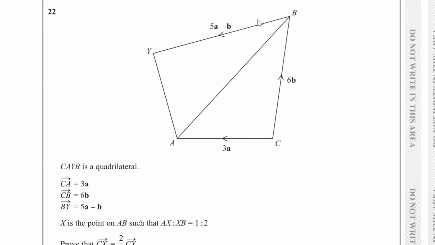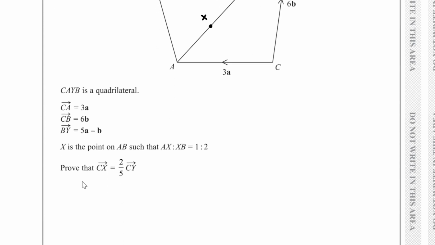So what this means is somewhere here we have the point X, and the ratio of AX to XB is 1 to 2. And we have to prove that CX is 2/5 of CY.